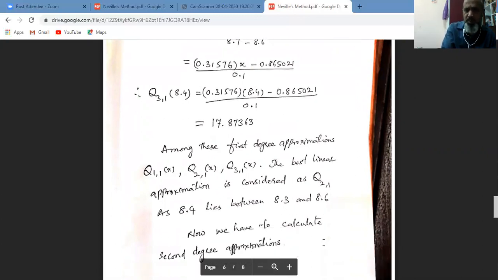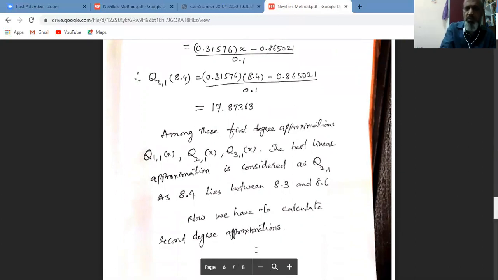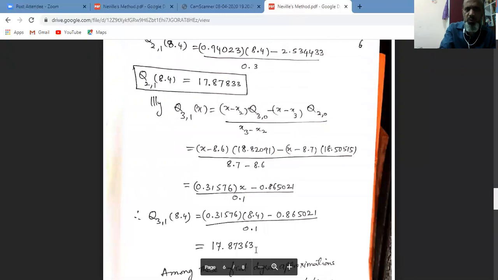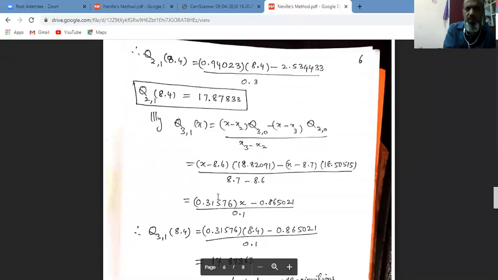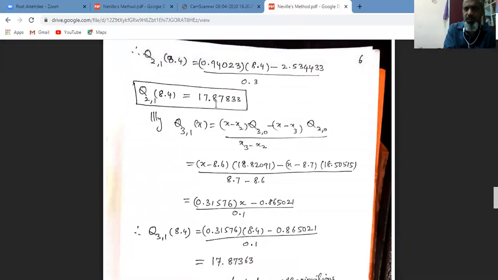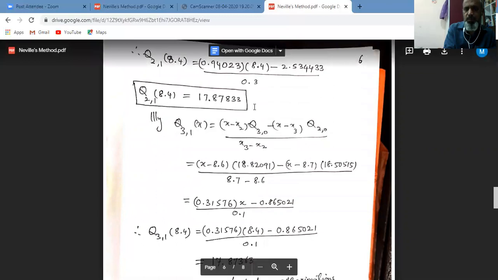Now what is the first degree linear approximation? That is q2,1. So q2,1(8.4), that is 17.87833, is the first degree approximation.